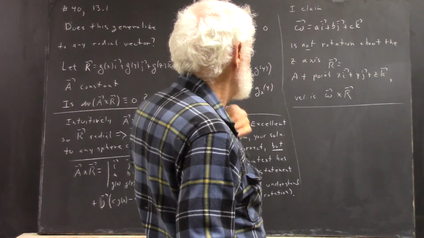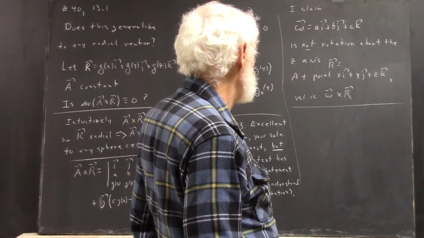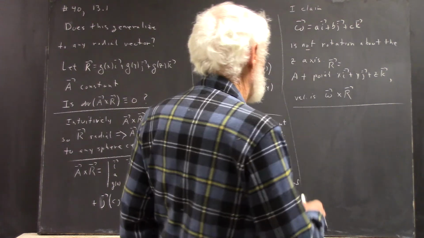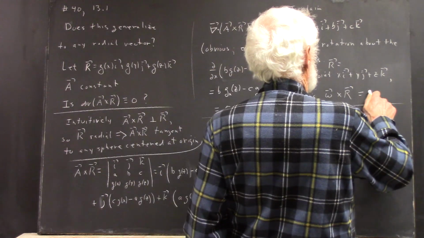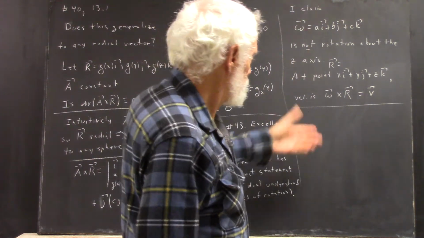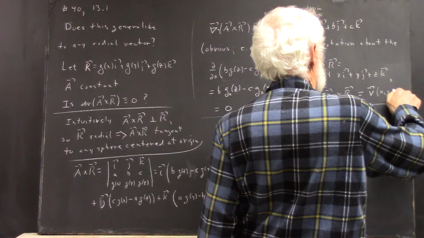Okay? Velocity is omega cross R. And so this gives you a velocity field. The velocity is a function of x, y, and z.